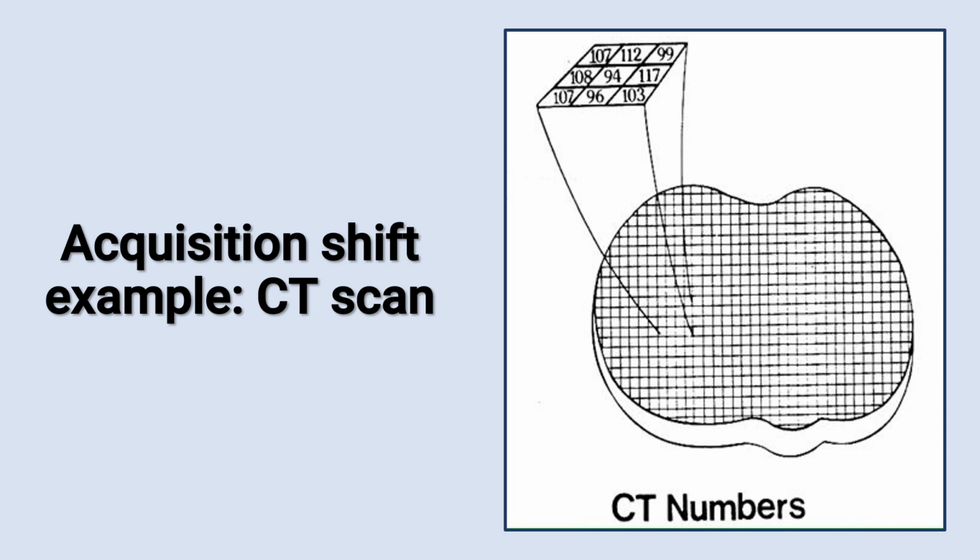The CT makes a slice of the patient, and that slice is made up of a whole bunch of little pixels. Each one of those pixels is associated with a density called a Hounsfield unit, and how those pixels are generated and the resulting Hounsfield units varies dramatically from machine to machine.